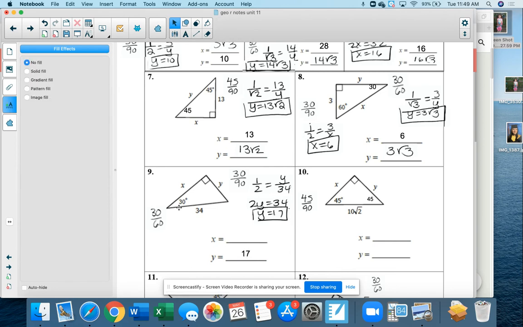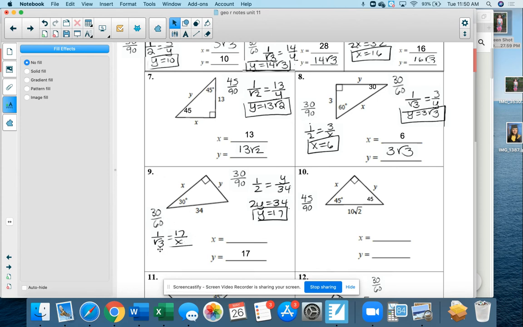So that's basically y is the side across from the 30. Now to do the 30 and the 60, that proportion is 1 over radical 3. So 1 over radical 3 equals y, well, not y, I know what this is now. This is 17. 17 over x. So again, 30 goes on top, 60 goes on the bottom.